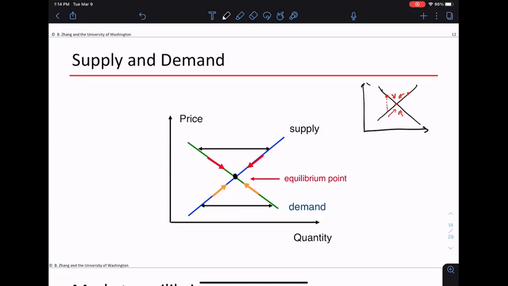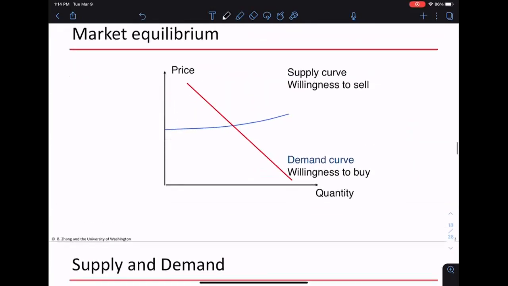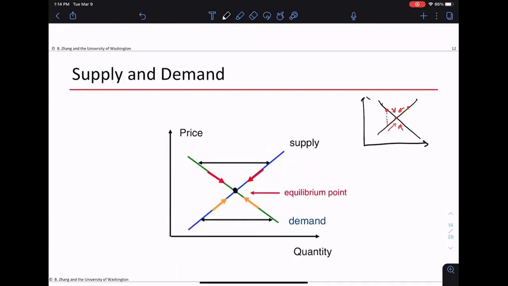This makes a requirement that one has to be monotonic decreasing and one has to be increasing, because you want them to intersect at a unique point. And then it's easy to work with this unique intersection point and interpret it as an equilibrium point.